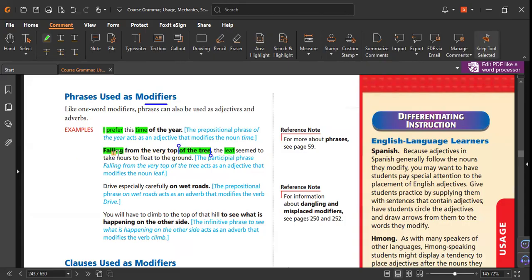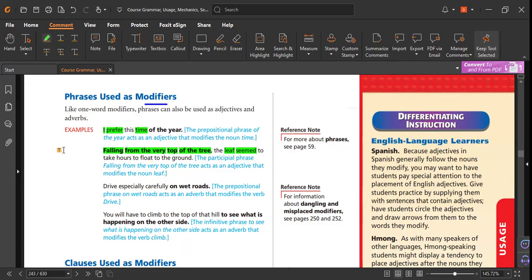Look, it is a phrase again, because it refers to top. And this phrase tells you the direction of falling from the very top. Now, this action is done by whom? By this leaf. What was falling? The leaf.